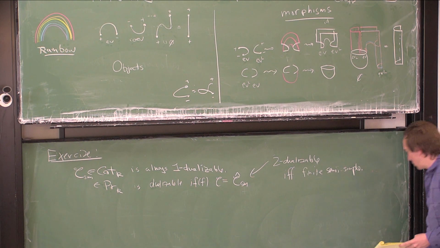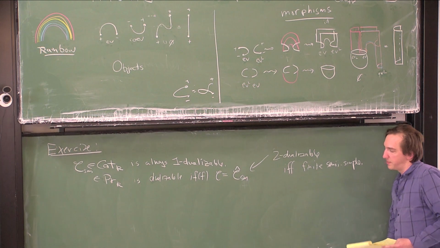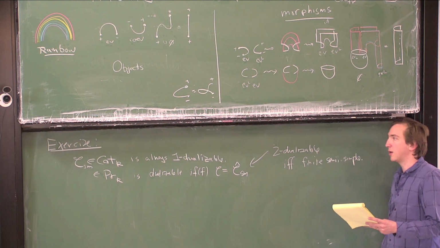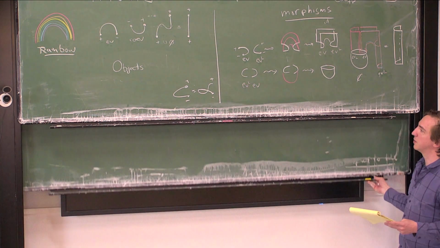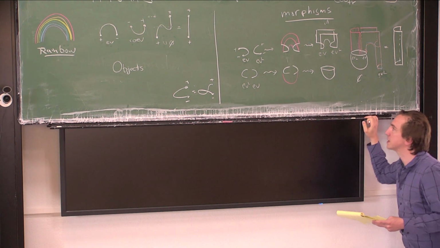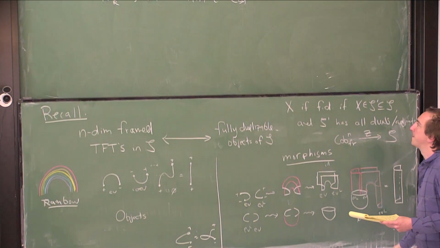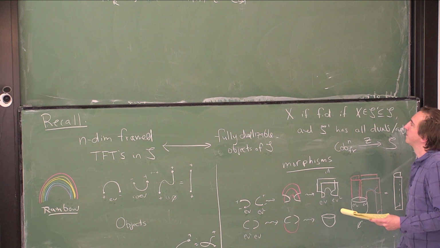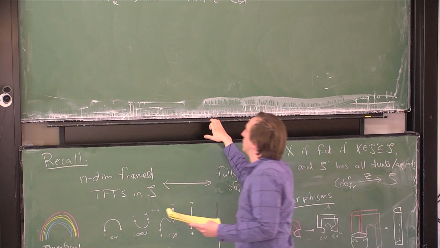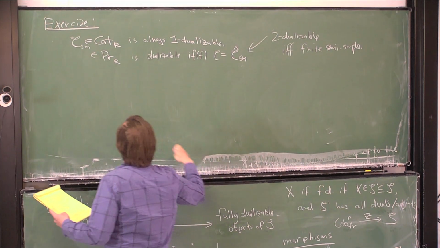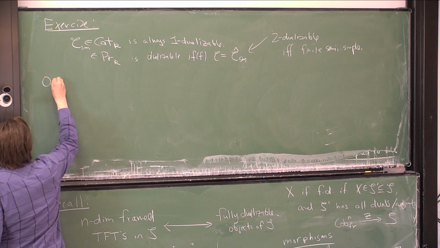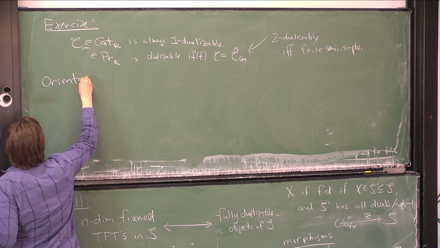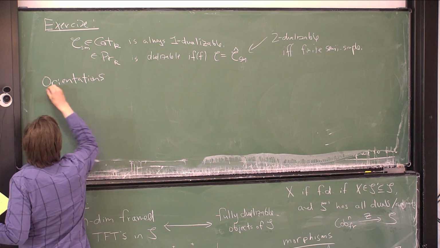Great. All right. So now, with this example in hand, I want to return to an additional bit of structure in the Cobordism hypothesis that we didn't touch on before, that we could have. So orientations. Okay.